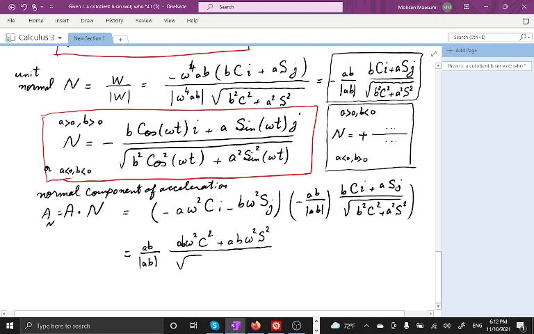In the denominator, here's my favorite expression. AB, AB, AB here, you can write it A squared B squared over AB, omega squared, C squared plus S squared, that's just 1.